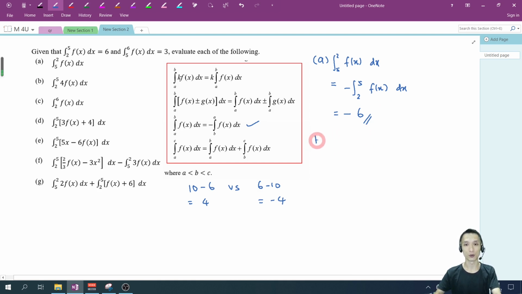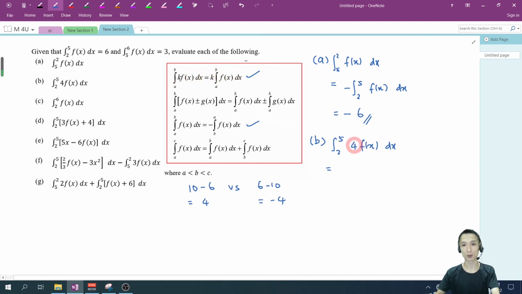Now let's move on to part B. The integral from 2 to 5 of 4 f of x. Now you notice that we have a constant in front of this function. When you have a constant in front of a function, we can bring out the constant.